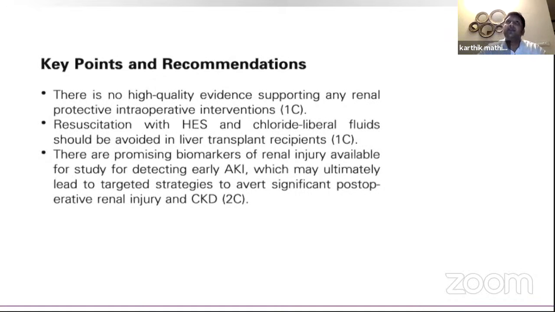Even when we started transplants in Medanta in the early 2000s, we were using HES, and then after a period of time, we completely stopped using HES, and now we have completely moved to Plasma-Lyte and other more physiological solutions along with albumin to prevent more burden to the kidneys. But some centers use HES and other colloids, which can be detrimental to your kidneys. There are promising biomarkers of renal injury available for study to detect early AKI, which may ultimately lead to targeted strategies to avoid significant post-operative renal injury and CKD.